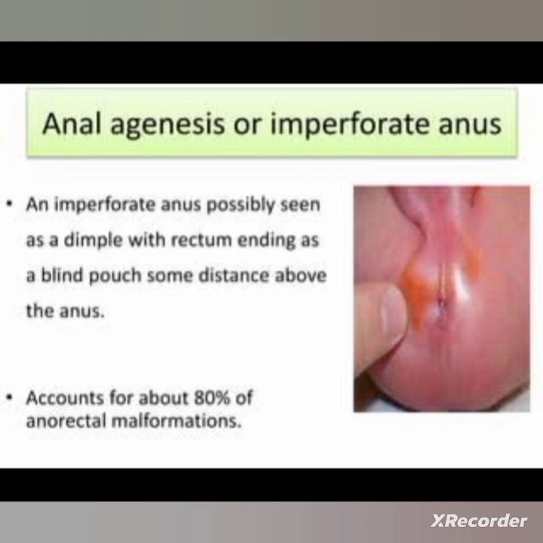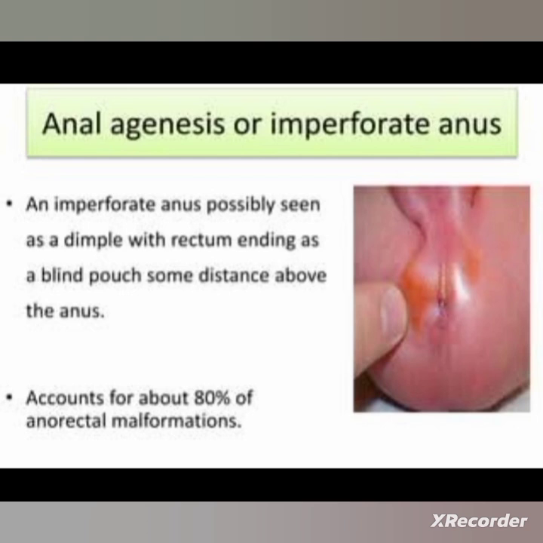Next one, anal agenesis or imperforate anus. An imperforate anus is possibly seen as a dimple with a rectum ending as a blind pouch some distance above the anus. So in anal agenesis the anus will appear as a dimple.